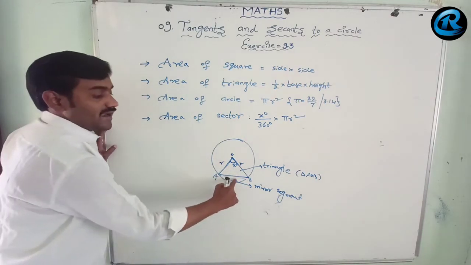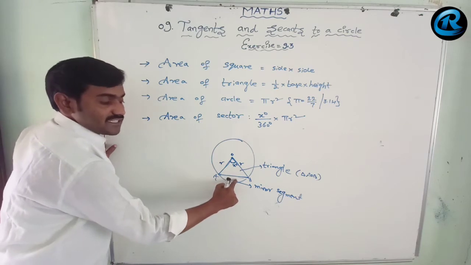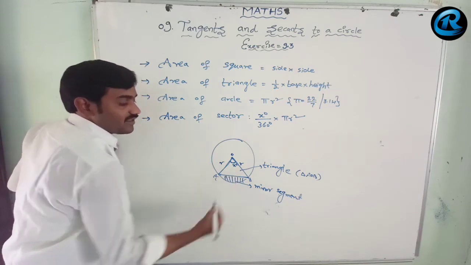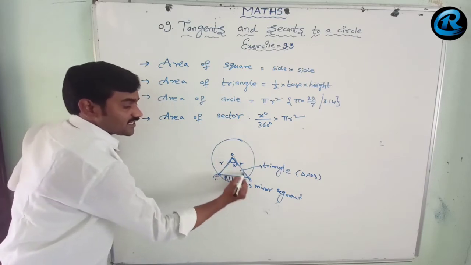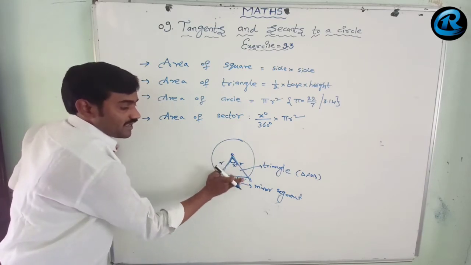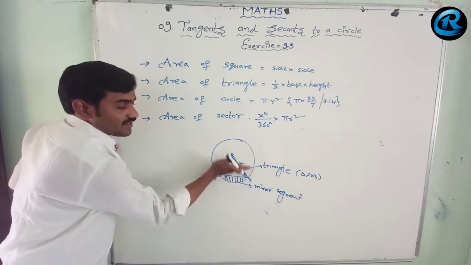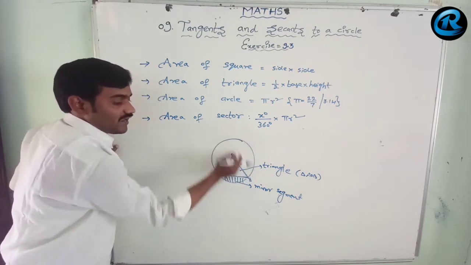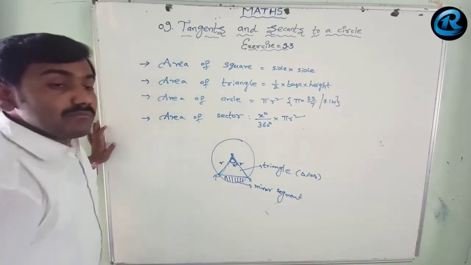To find the area of this minor segment, the formula is the complete area of the sector minus the area of the triangle. You get the area of the minor segment.